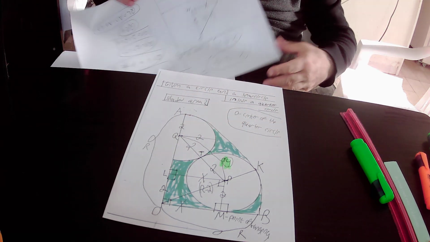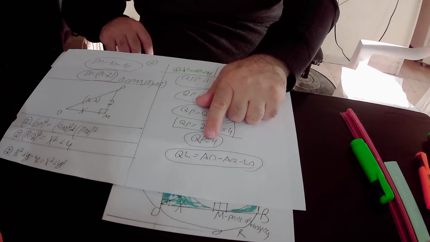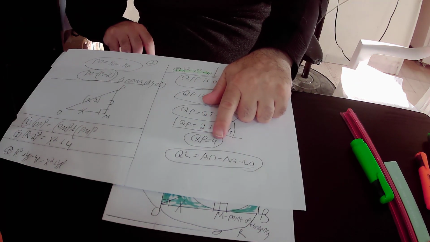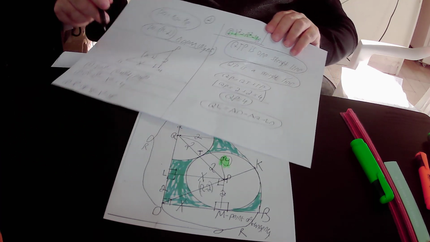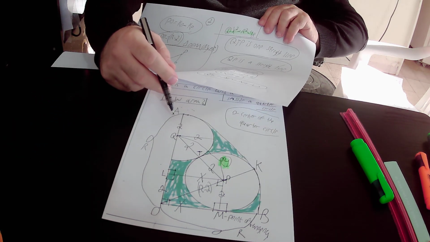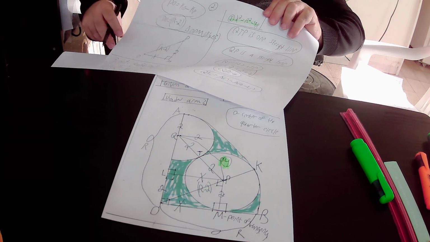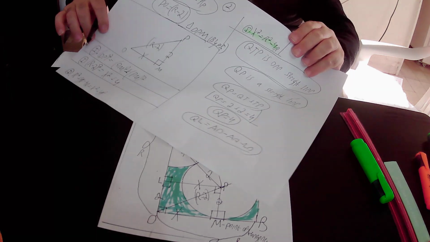I'll repeat again. The length of line segment QL equals AO, that is actually the radius of the quarter circle, minus AQ, that is equal to 2 units, the radius of the semicircle, minus LO, that is equal to 2 units.